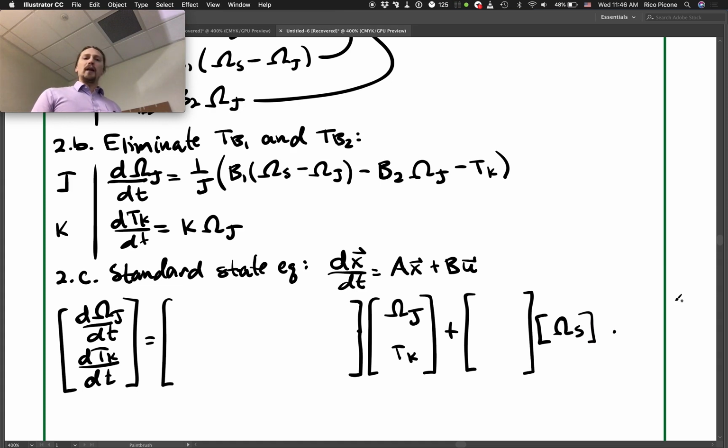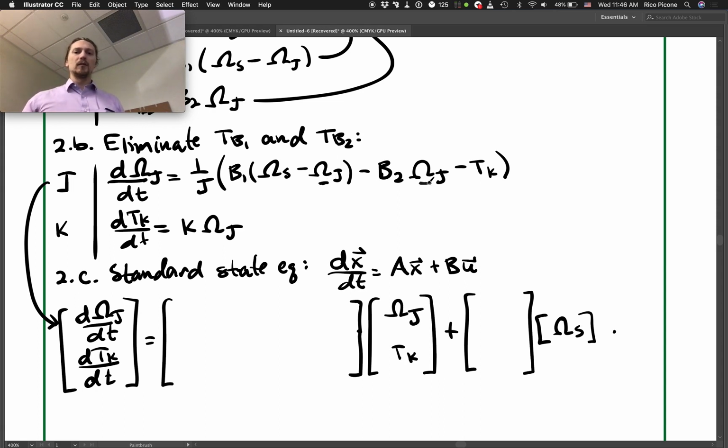So we're ready now to fill in the first row from this equation for J. You can think of it as just rewriting that equation up here, down here. So what is the coefficient of omega J? It shows up here twice, right?